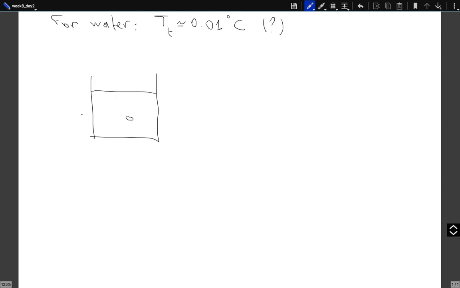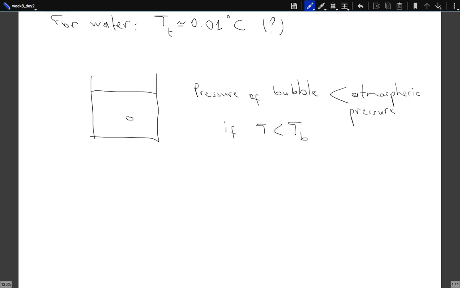So if you look at over here, the pressure of the bubble is less than atmospheric pressure, if T is less than T boiling.